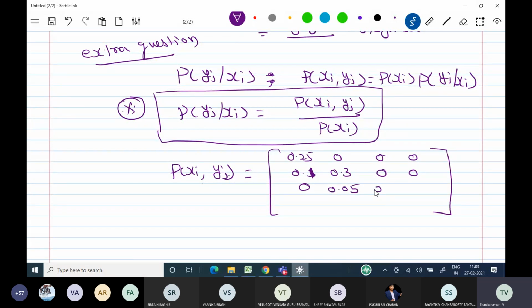0.05, 0.1, 0, 0, 0, 0.05, 0.1, 0, 0, 0.05, 0.